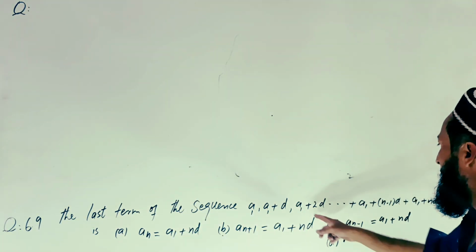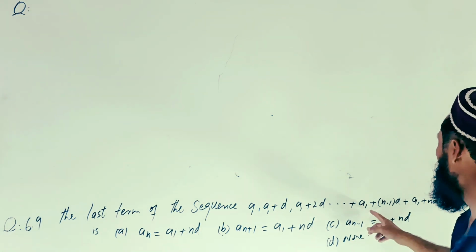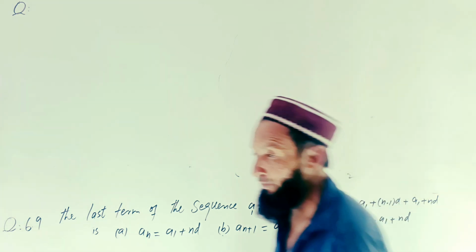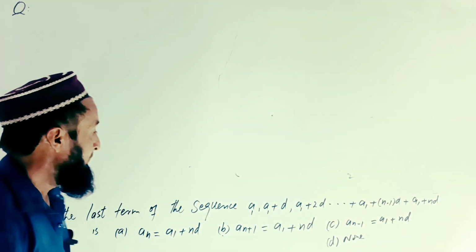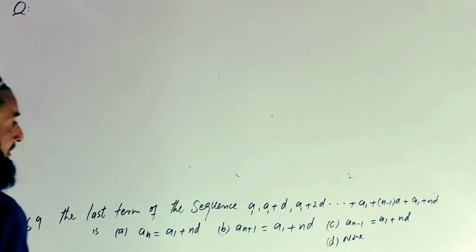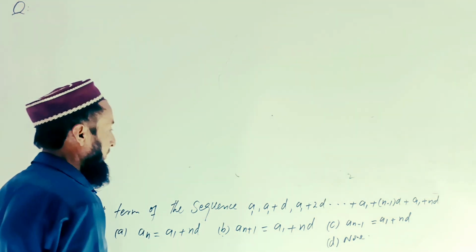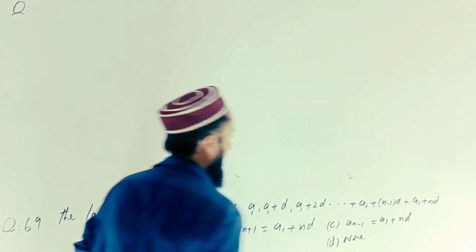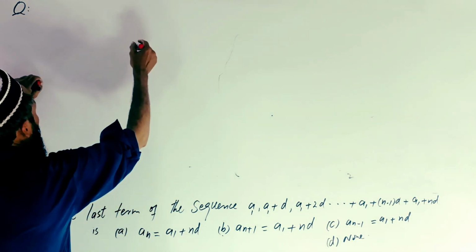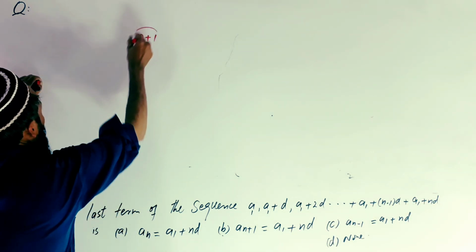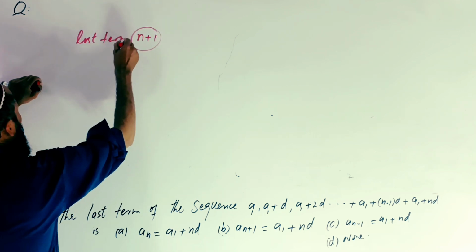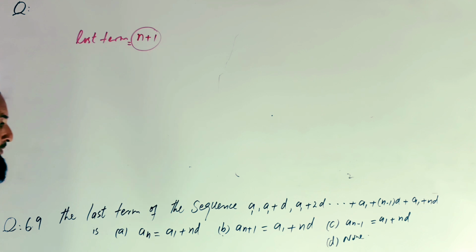A1, A1 plus D, A1 plus 2D, up to A1 plus (n minus 1)D, A1 plus nD. This is an arithmetic progression. Here if we put n equal to n plus 1, the last term of the arithmetic progression will be the n plus 1 term.